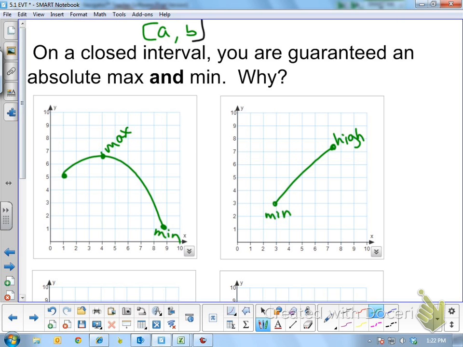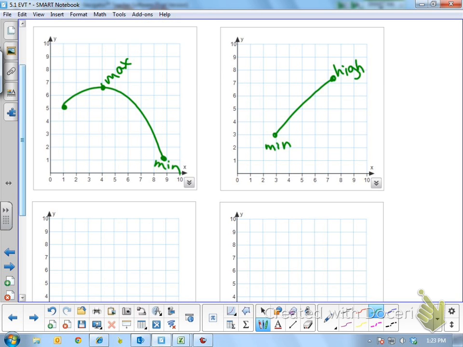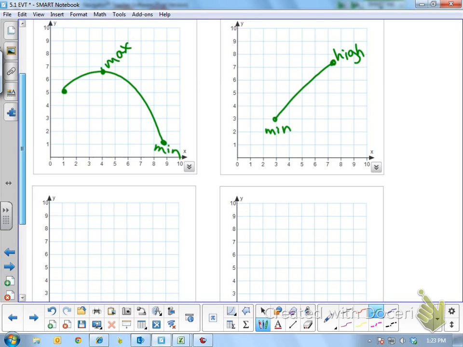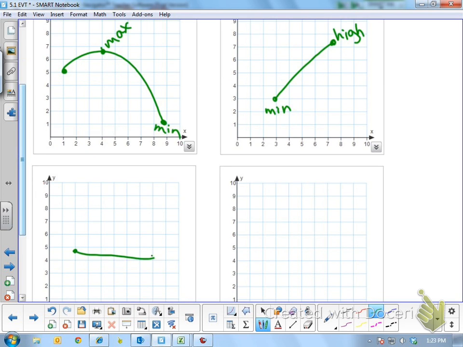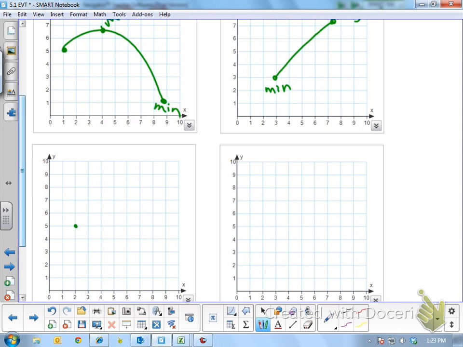Even, we really only needed 3 of these. I don't know why I made 4. Even if I have a line like this. Ugh, that is not at all straight. Let me try that one more time. I still have a max and a min.